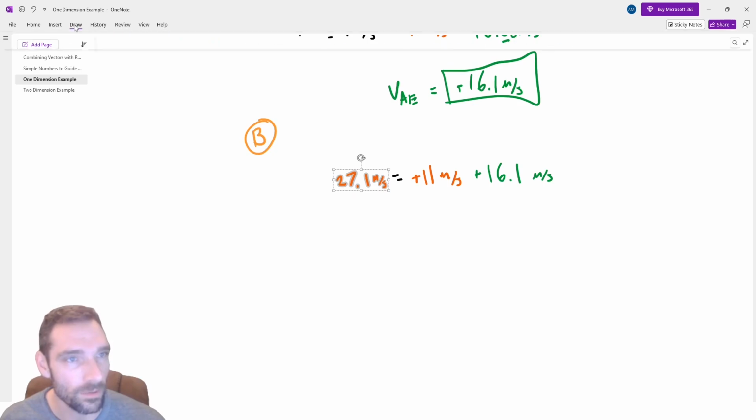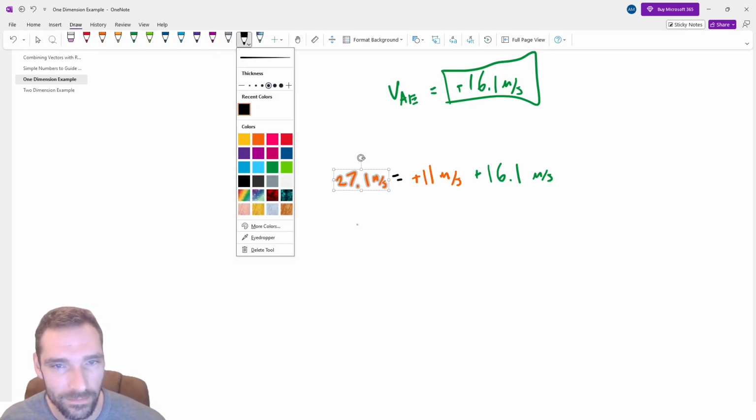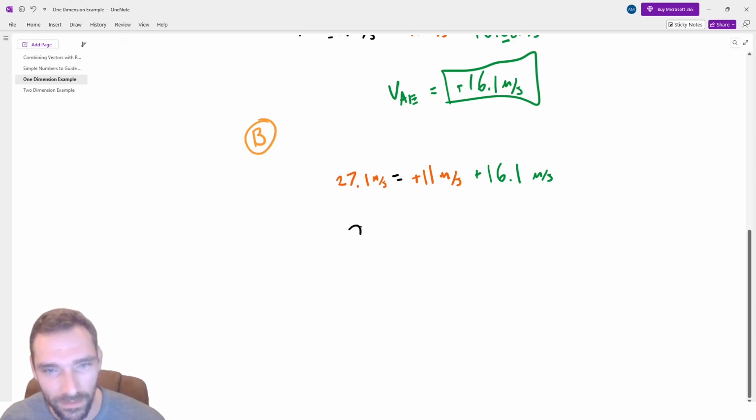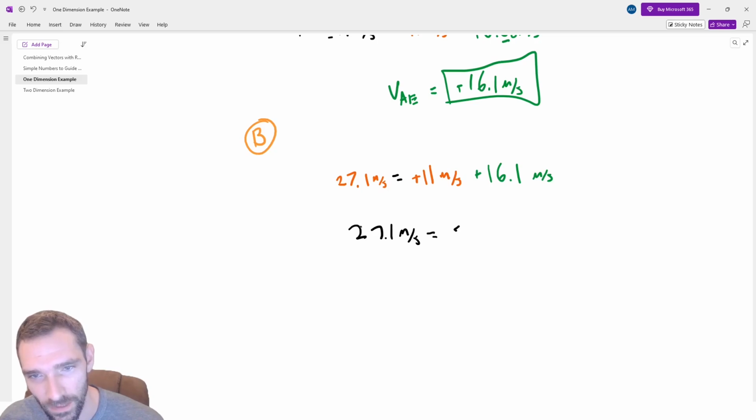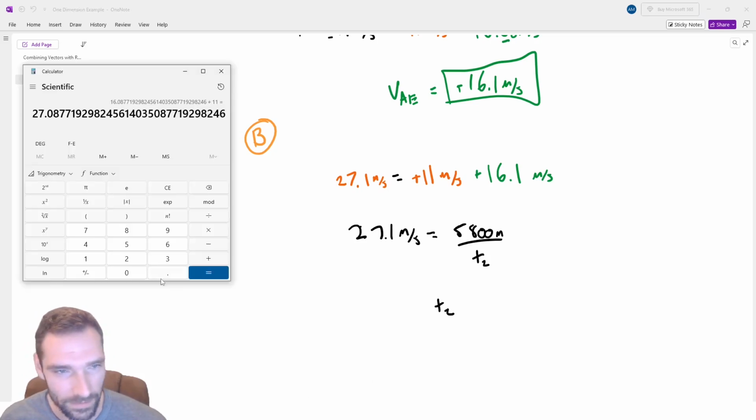I'm going to keep it color coordinated if we can. We got the 27.1 meters per second, which is equal to that distance over some sort of time. And you can do a little algebra and solve for that pretty easily.